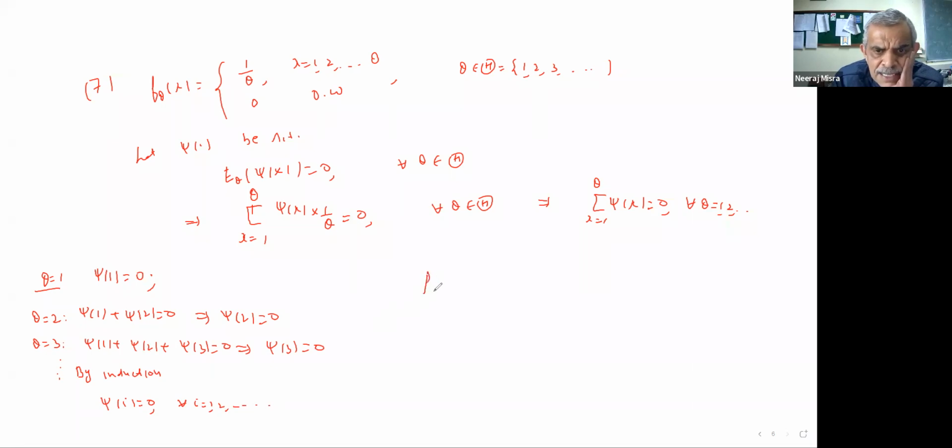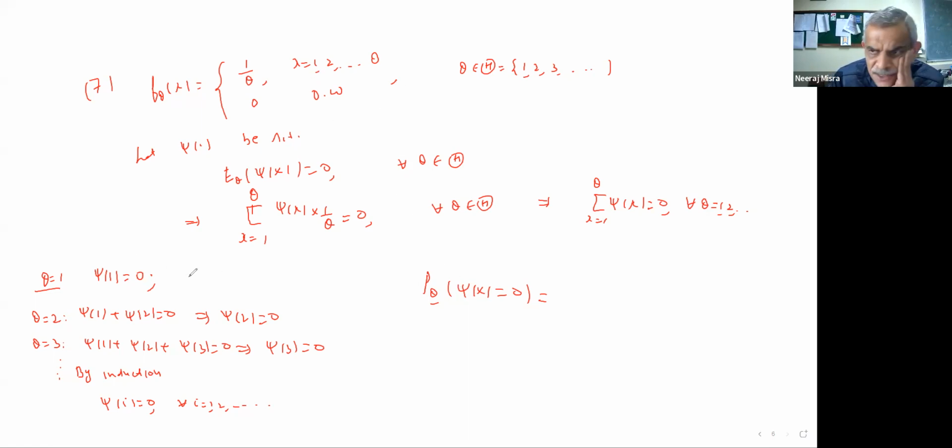So what is the probability that psi x equal to 0? Under theta, psi x can take values psi 1, psi 2, psi 3, up to psi theta.